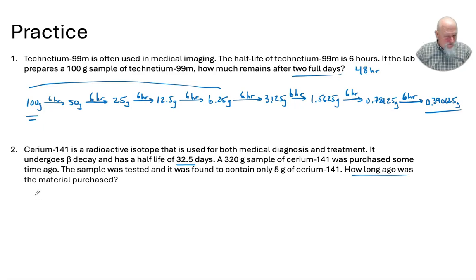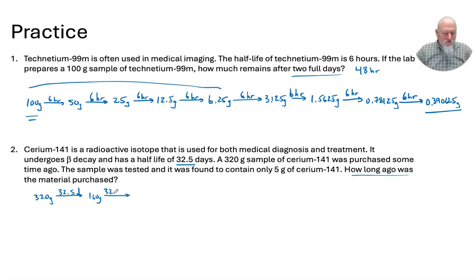So we start with 320 grams, and we go through one half-life, which is 32.5 days. After 32.5 days, half of what we started with is gone. So 320 divided by 2 is 160 grams. So after 32.5 days, we only have 160 grams of what we started with left.